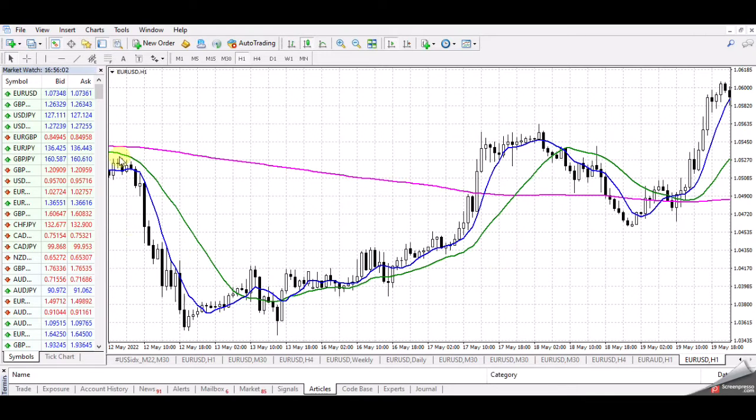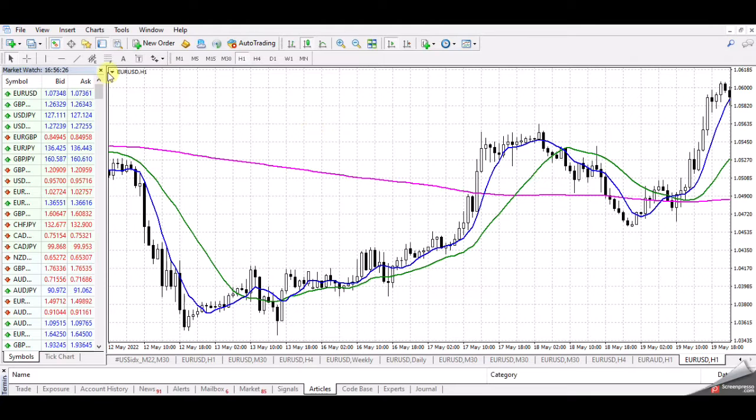Recap. The 200 moving average is the line which the market uses to separate a bearish market from a bull market.